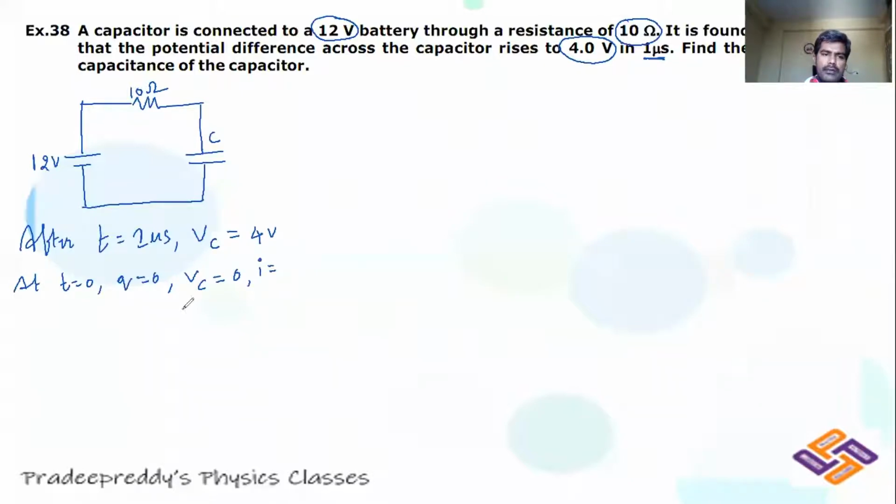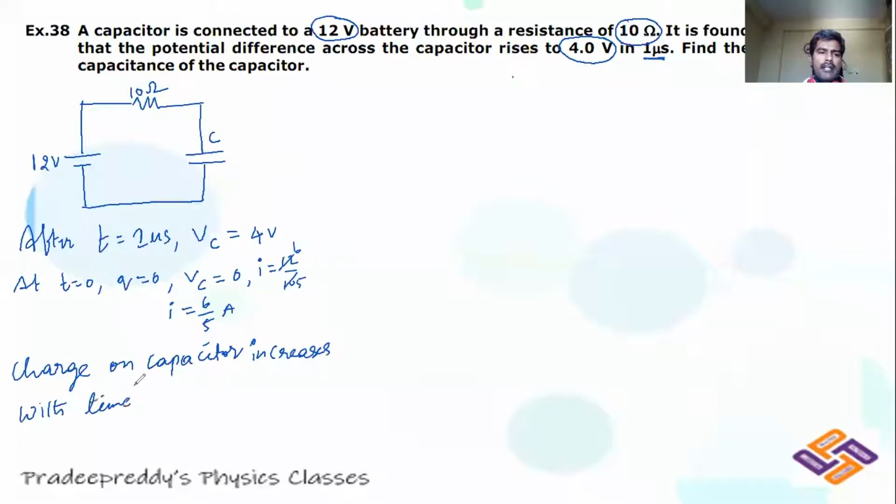So the current in the circuit is 6 by 5 ampere. That is the current in the circuit initially, when time t is equal to 0. Now what would happen as you go on connecting the key? The charge on the capacitor goes on increasing with time.